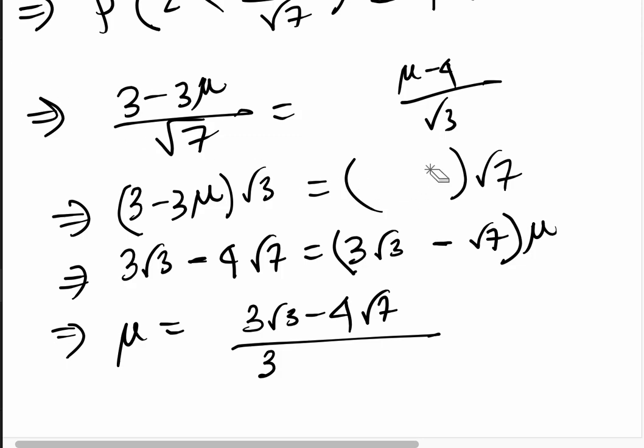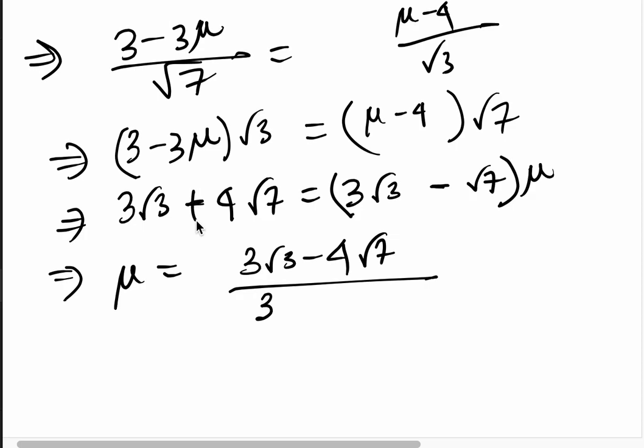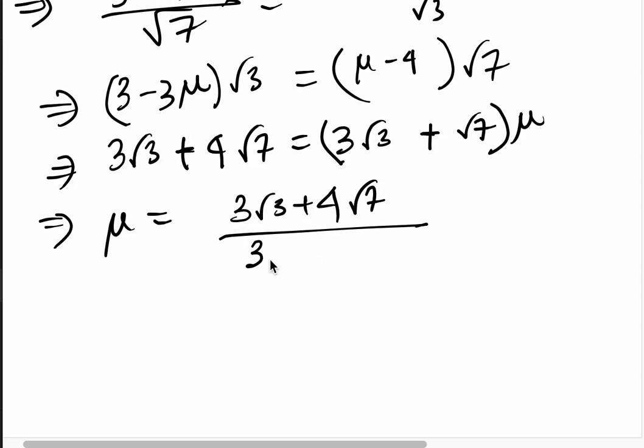So this is mu minus 4, so this will be plus, and this again with plus, so root 3 plus root 7. So this is the answer.